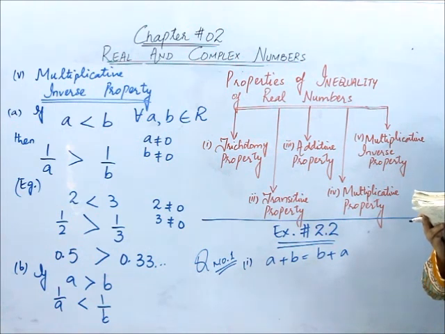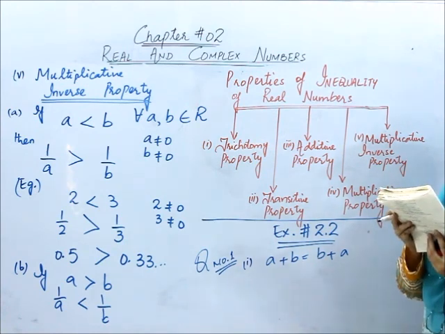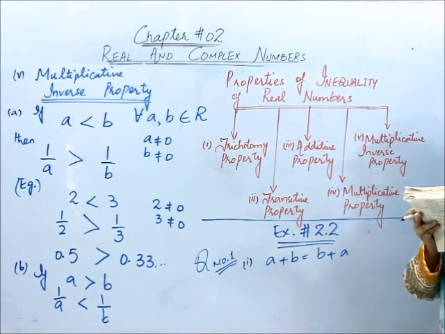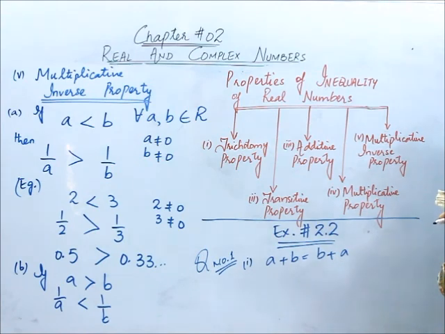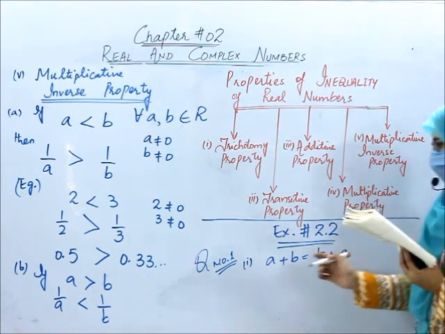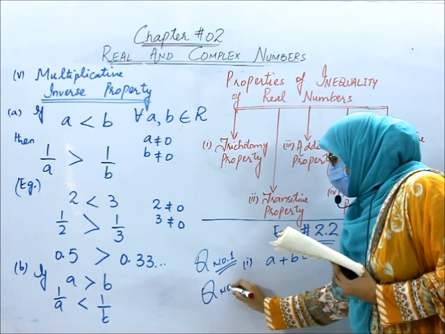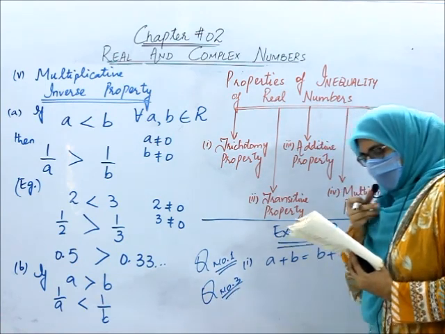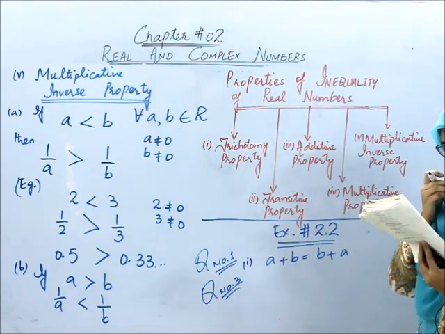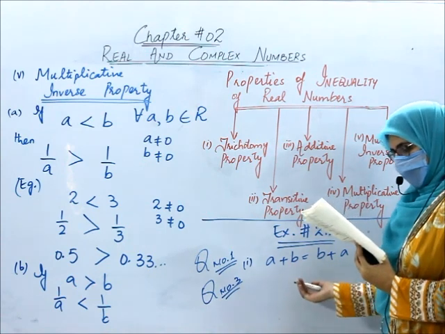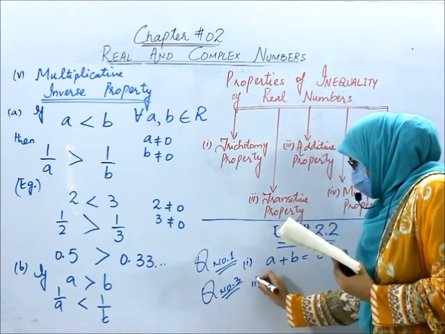Then come to question number 2. It is fill in the blanks by stating the properties of real numbers used. So you have to state the property to the respective step, fine, that which property is being used over there. Now question number 3 is give the name of the property used in the following. Let us see the third part.